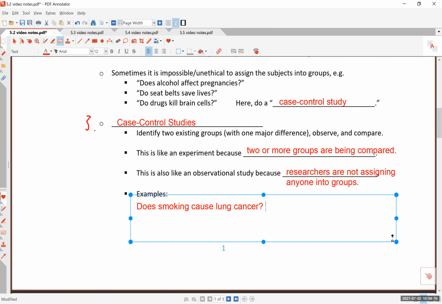We will address that more in the second part of this lesson. But this requires a lot more careful study. And there is a history of this very topic. How did researchers actually prove that smoking causes lung cancer?